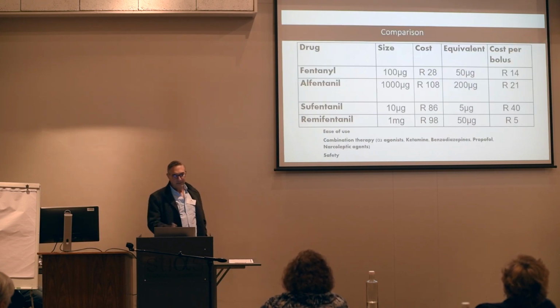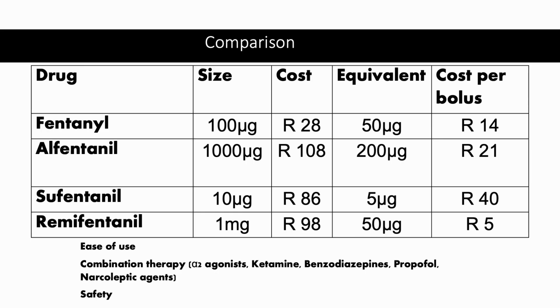Then I drew up this slide just as a comparison to try and get an idea of cost. But having said that, there are so many things that one needs to take into consideration.